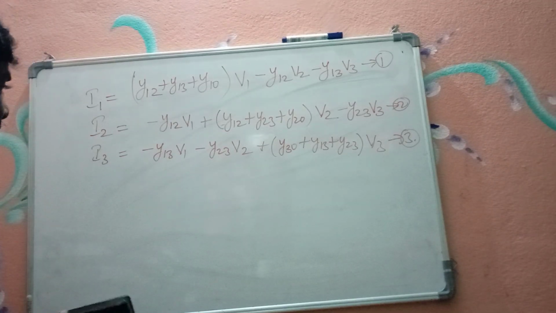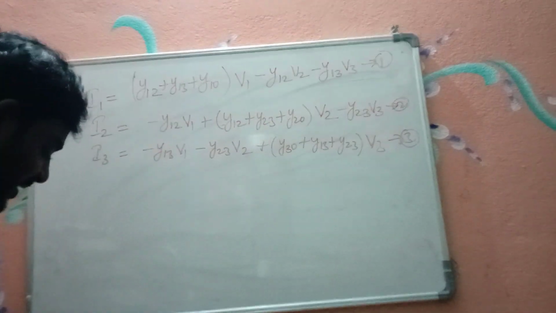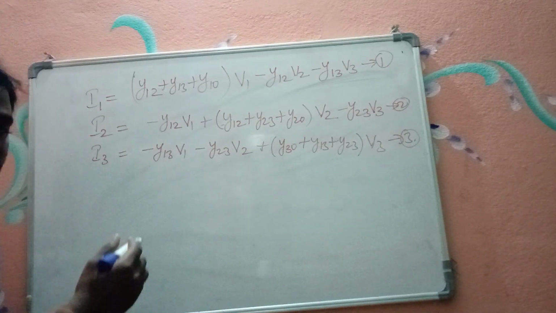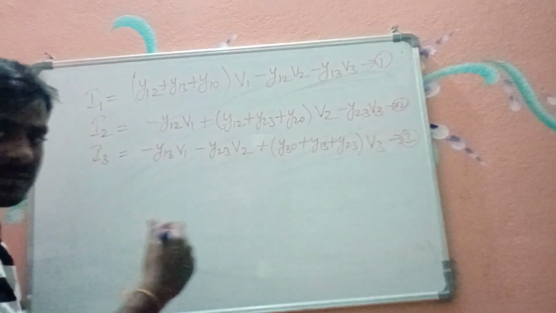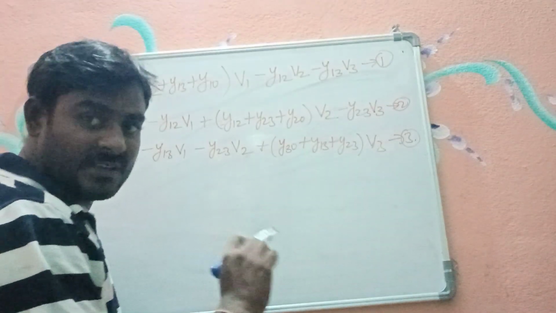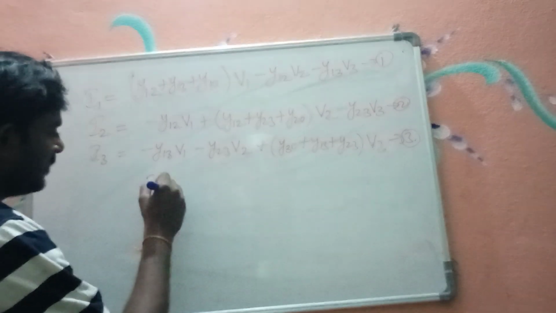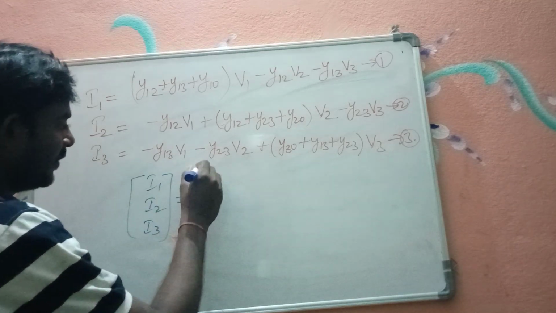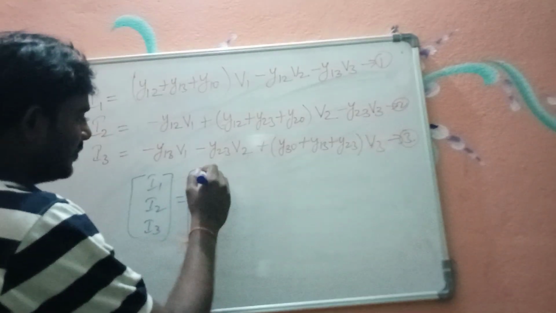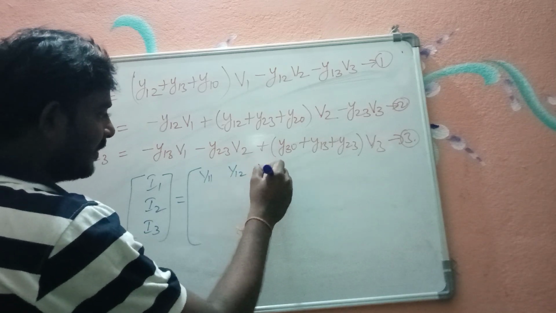And now we will see how to obtain the parameters of the bus admittance matrix. If you consider the performance equation of the bus admittance matrix, I can have it like this. I1, I2, I3 is equal to the matrix with values y11, y12, y13, and so on.